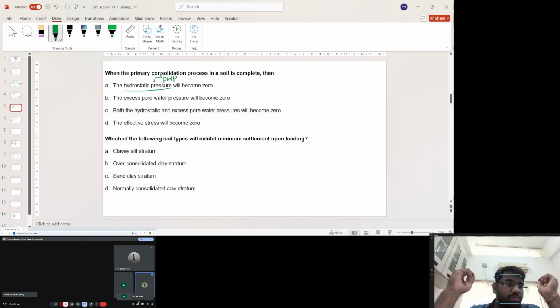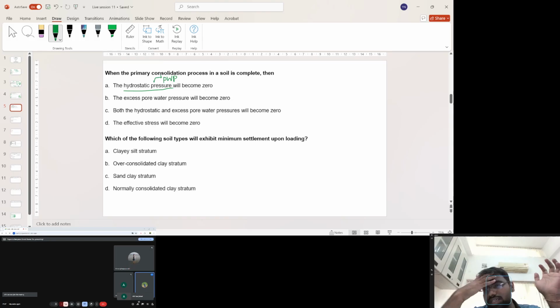Here, always in the consolidation process, that is the primary consolidation process, only the pore water pressure that develops due to the application of external load will be expelled, not the entire pore water pressure.